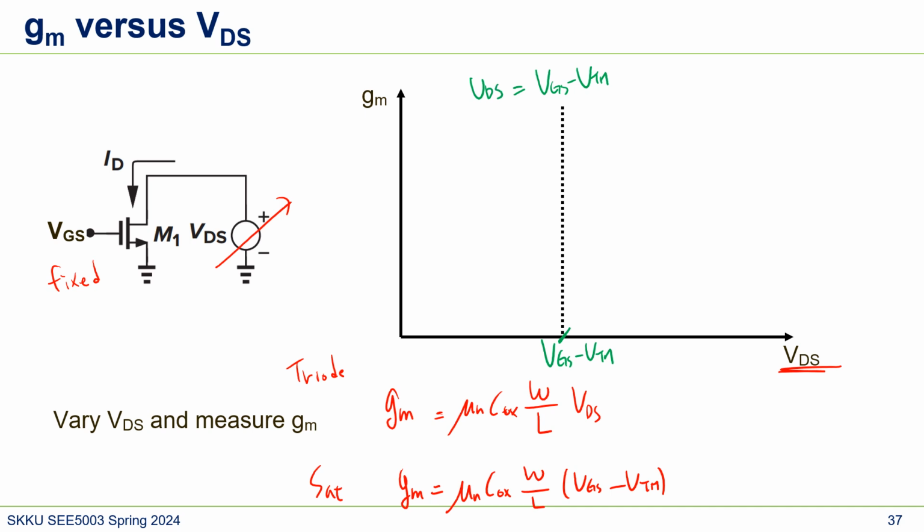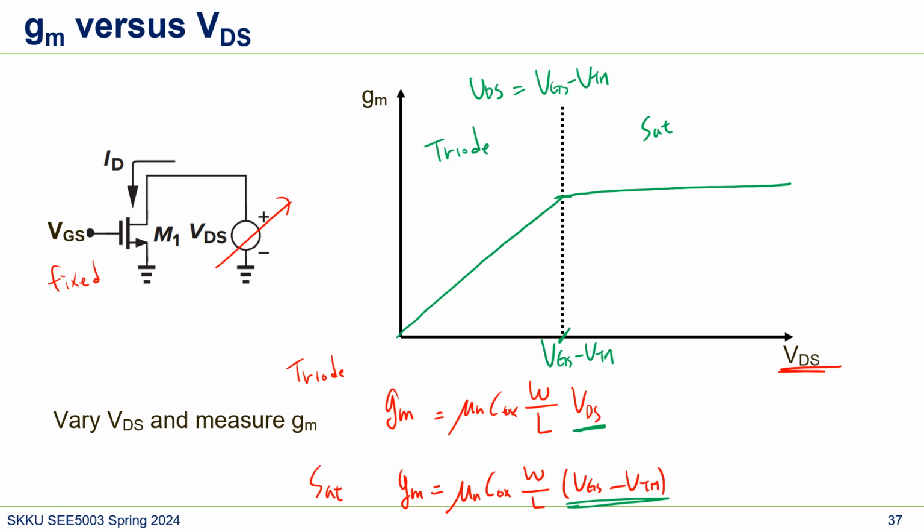If we plot GM, this is triode, and this is saturation. GM just increases linearly because VDS is proportional. In saturation, it's just a constant line because we are not changing VGS and VTH.